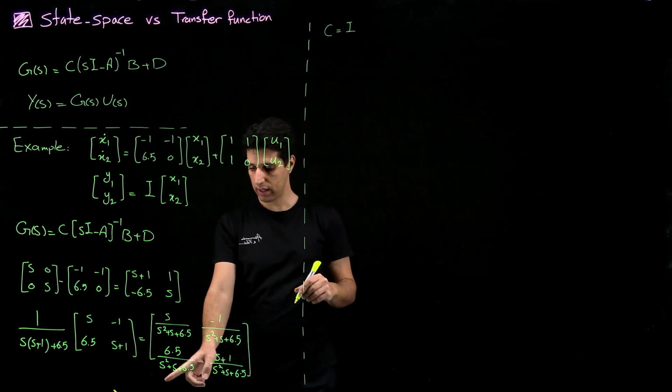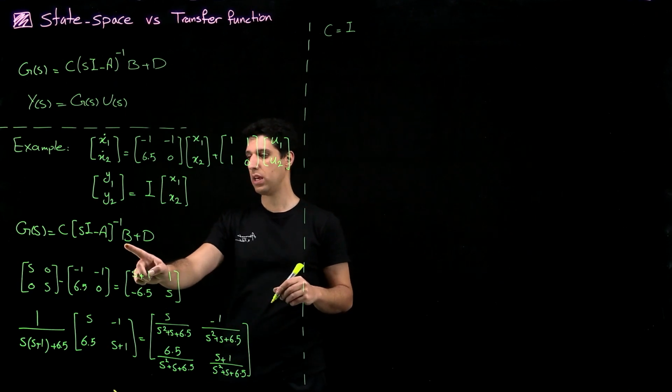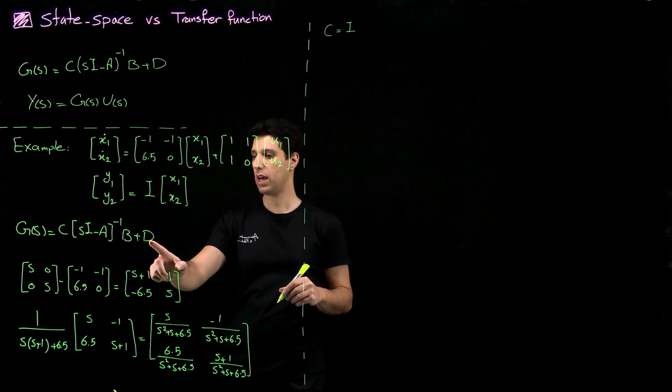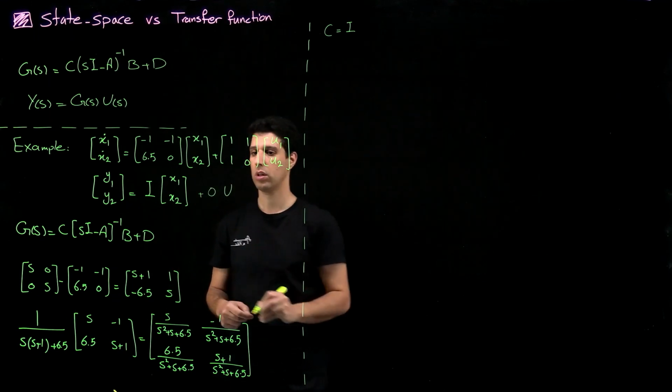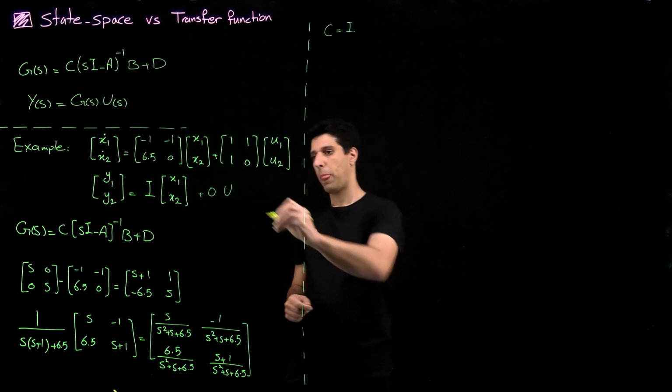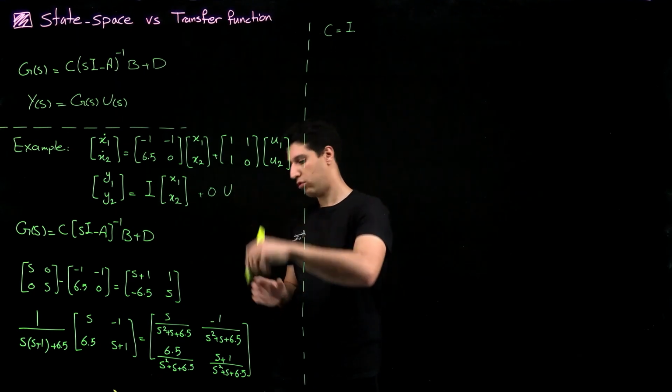What I have is this multiplied by B plus D, and my D is 0, so I don't need to worry about that one either. So this is plus 0 times U1, U2.